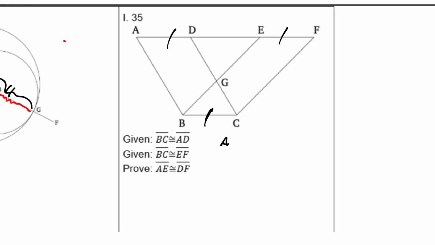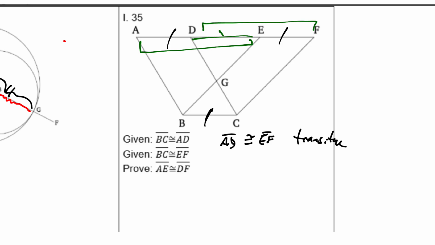So we can say that AD must be congruent to EF by the transitive property. And then the goal is to prove that AE is congruent to DF. As you can see, the DE is shared by both. DE is congruent to DE, reflexive. And finally, the addition postulate will eventually get us to that AE is congruent to DF.